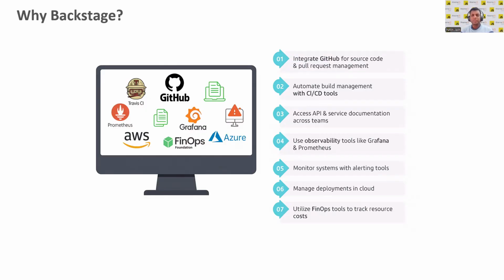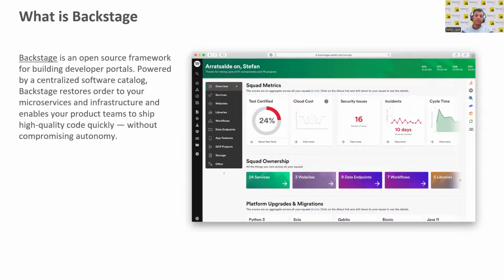So there are some burning issues we see in the microservice world, and that is where there is a requirement for some arrangement which would solve all these problems. There comes Backstage.